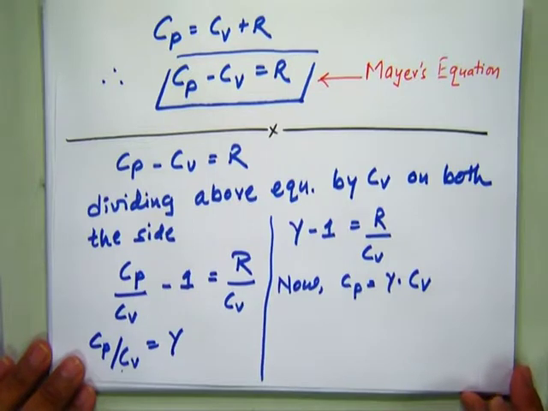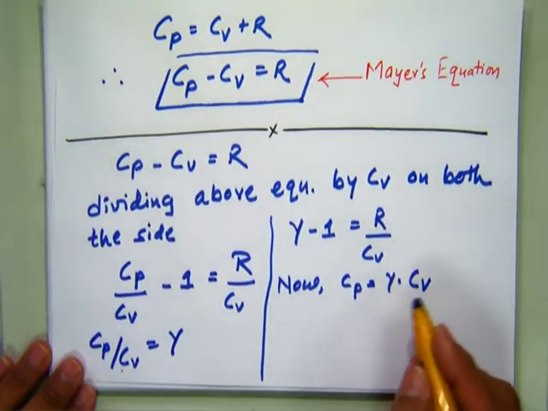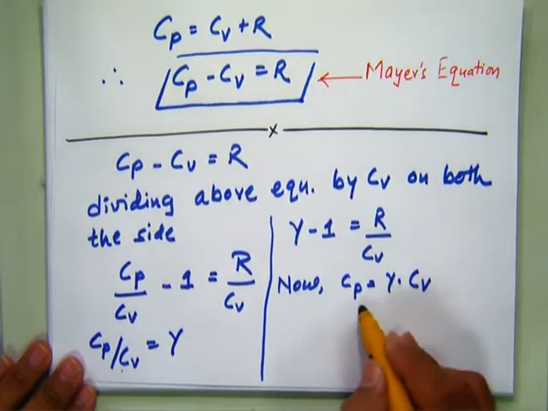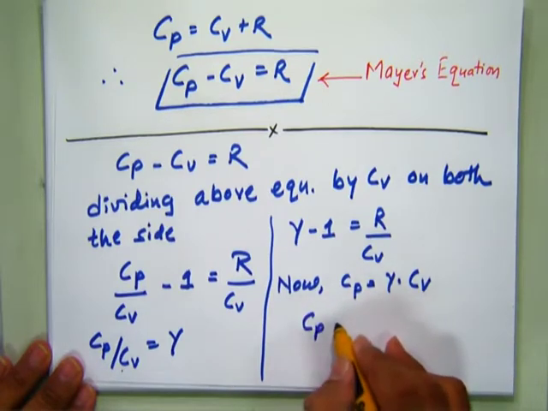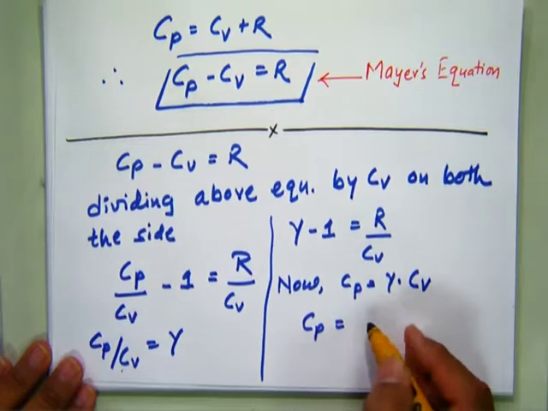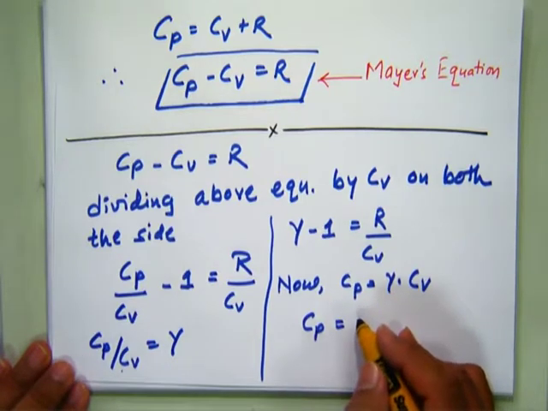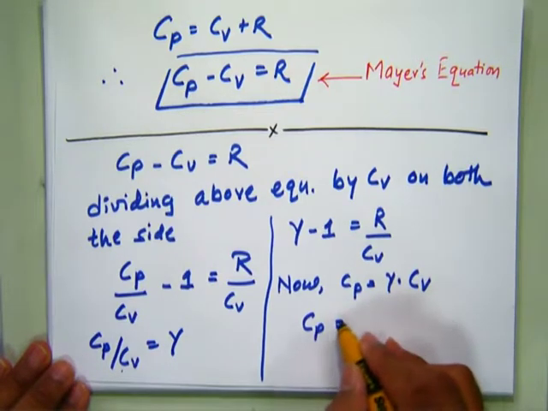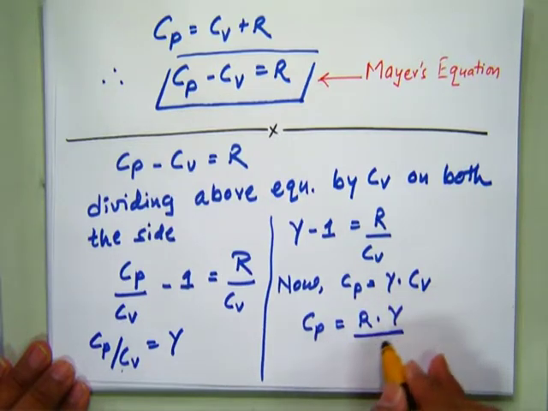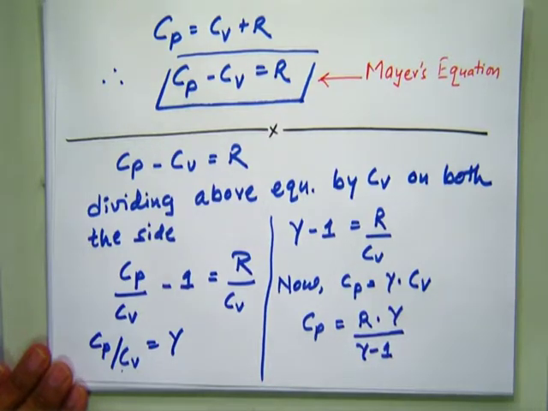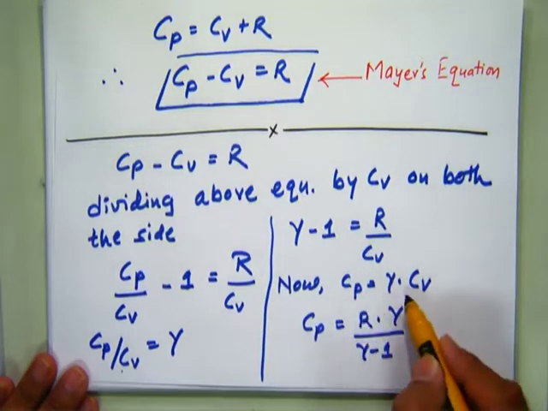And from there you can write that Cp is equal to R into gamma upon gamma minus 1.